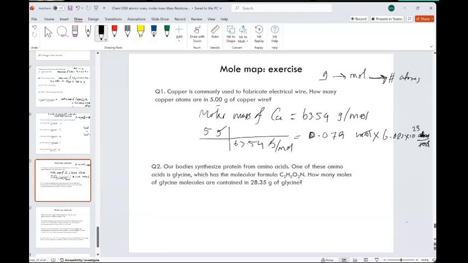Mole cancel out, and then you have 0.079 times 6.022 equal to 0.47 times 10 to the power 23. A lot. Or if you want to be very accurate, then write 4.7 times 10 to the power 22.